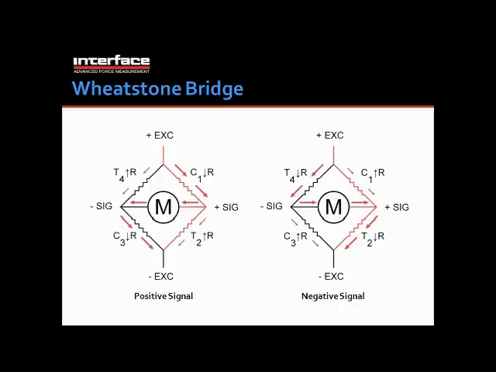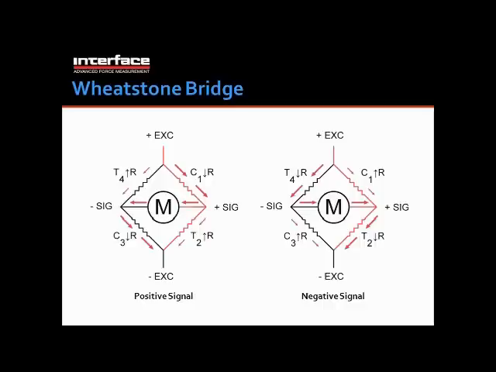If we take a look at the image on the left, and if we follow the flow of the current, we see that more of this current, once it is dividing itself across the upper branches of the bridge, is going across the gauge with the lower resistance.